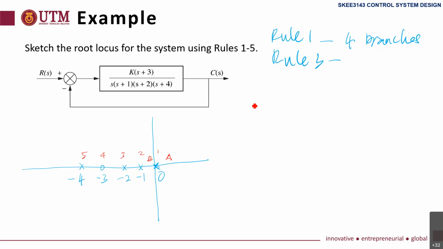It is on the left of an odd number. Left of odd number. This one is odd number. This is number 1, to the left of odd number. So we have here. Here, no. We have at D, left of number 3. Here also no root locus.